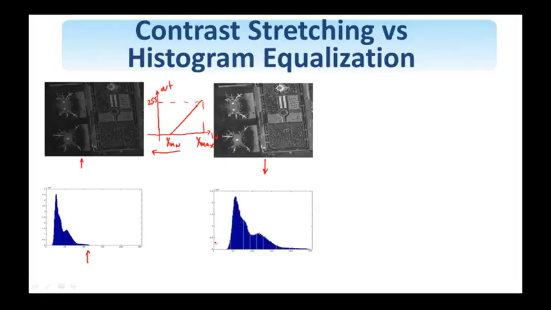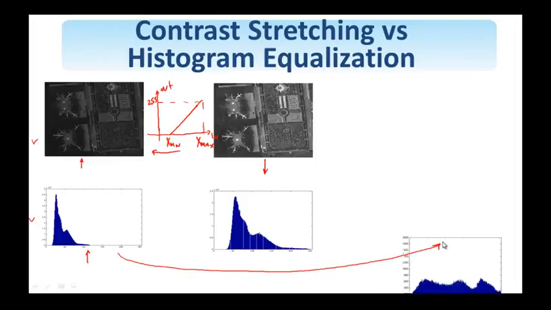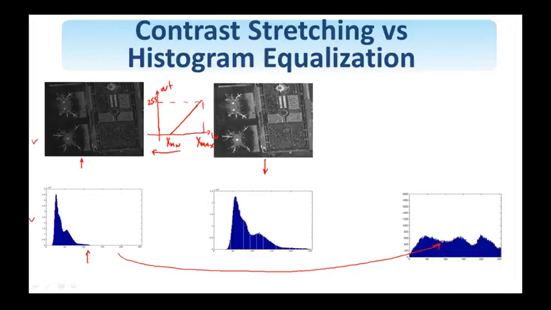With histogram equalization, we start again with this dark image. We first look at its histogram, and then we place an objective that the processed image should have a histogram that is flat. So we say that the processed image should have a histogram that looks like this. Based on this requirement, as we already explained, I'm able to find the appropriate transformation, which is through the cumulative distribution function, as we saw. So roughly speaking, it will look like this.